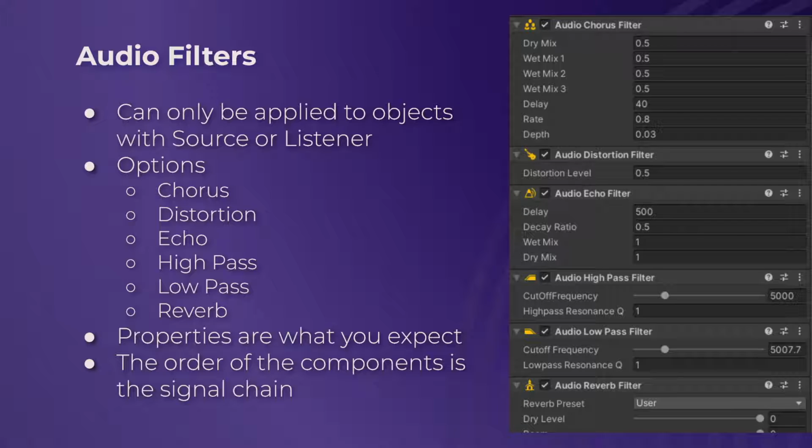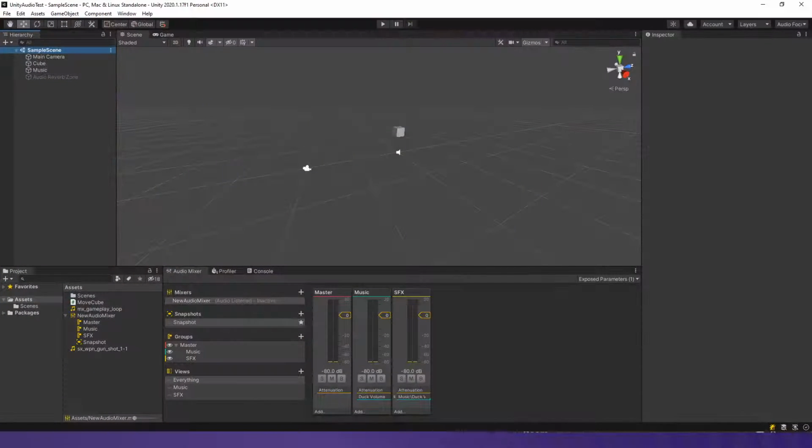And the properties for all of these are what you would expect. The reverb properties are almost identical to the ones of the reverb zone. But yeah, there's a lot of different effects here. There's a lot you can do with this. And the order of the components is the signal chain. Yeah. And now let's quickly hop into Unity and hope that things don't get super janky.